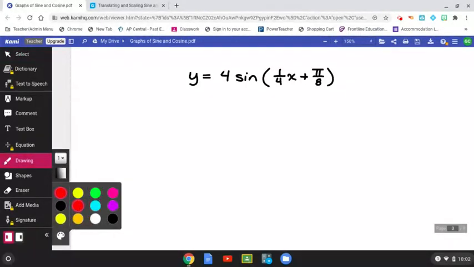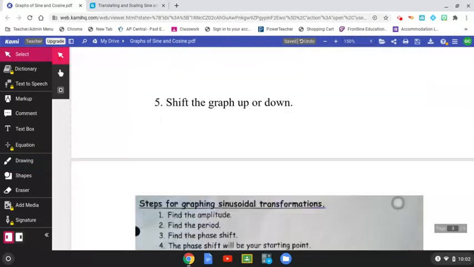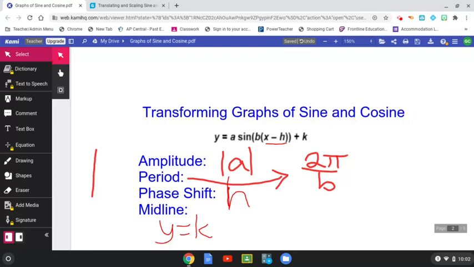So here our function is y equals 4 times sine of 1/4 x plus pi over 8. Now, you guys, one of the first things I'm going to do is factor out b, because let me show you that back here, b is actually factored out.